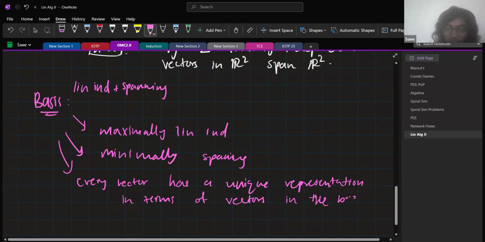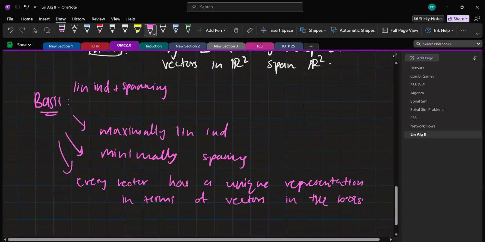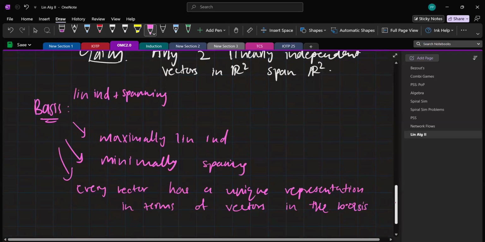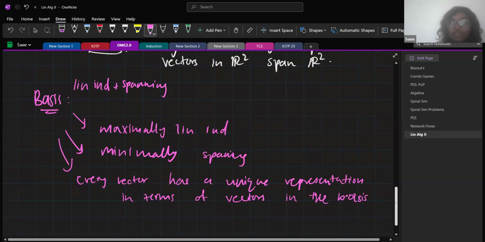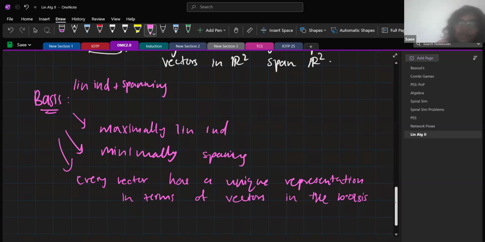What do you mean by maximally linearly independent? It basically means that any other vector you add to our set will make it linearly dependent immediately. Note that it's not saying maximum, which would be the linearly independent set with the largest cardinality.